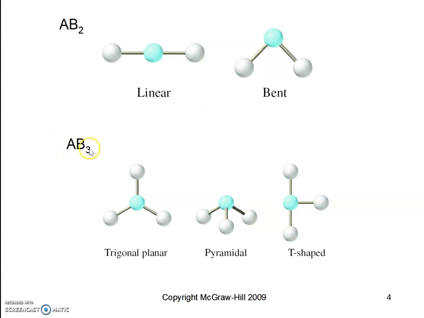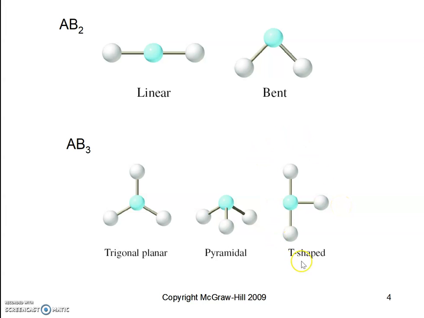If we go AB3, let's just say we add another one. You have planar, pyramidal, or T-shaped. So what's the difference? Again, these come down to lone pairs, because they both have 4 atoms total.